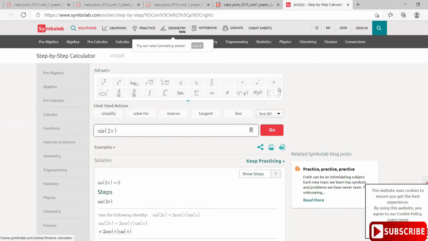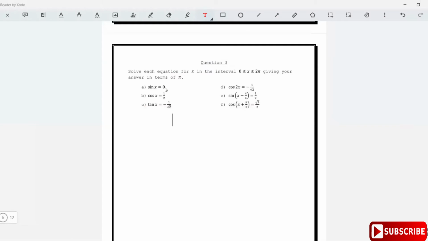So that verifies our answer that for this one right here, x can be 0, pi, or 2 pi. Let's write that down right here. So for the first one, x can be 0, x can be pi, and x can be 2 pi. That's for part A.